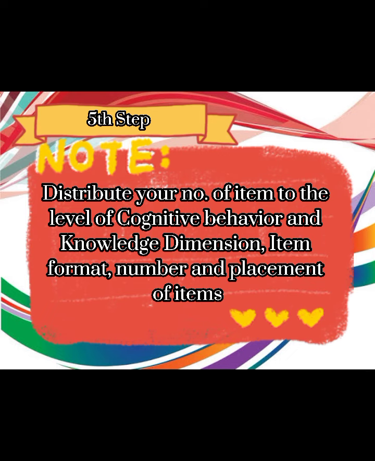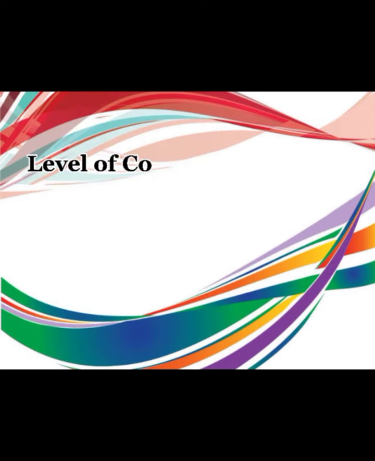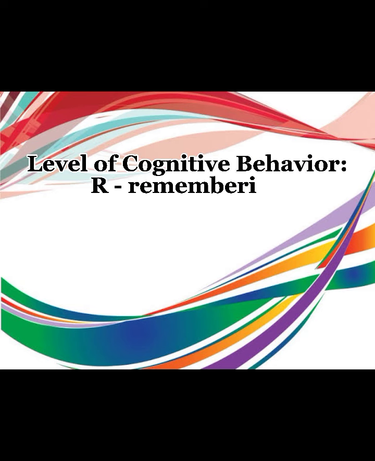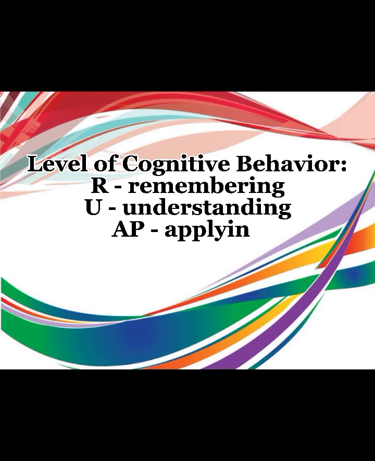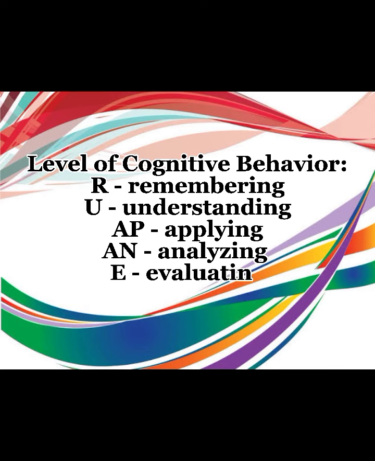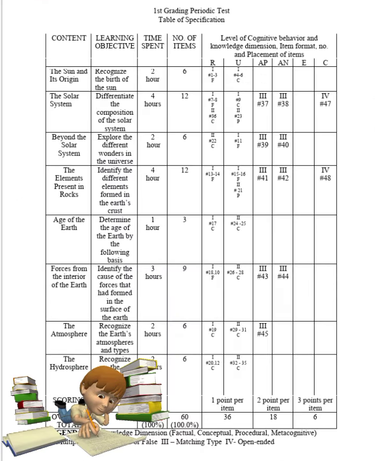So let's move on to the level of cognitive behavior and knowledge dimension, item format, number and placement of items. The levels of cognitive behavior are remembering, which is represented in the table as R, U for understanding, AP for applying, AN for analyzing, E for evaluating, and C for creating. For remembering and understanding, we give 1 point only, since it is merely based on knowledge, the easy part of the task.